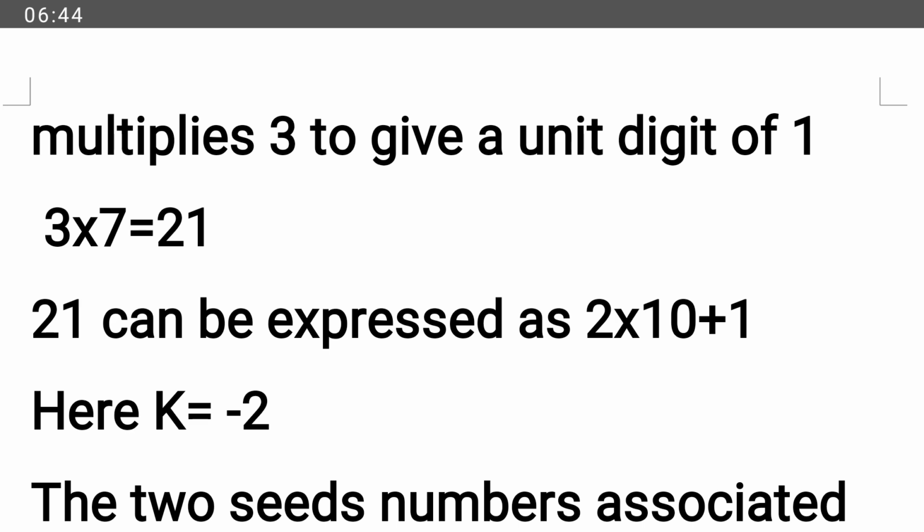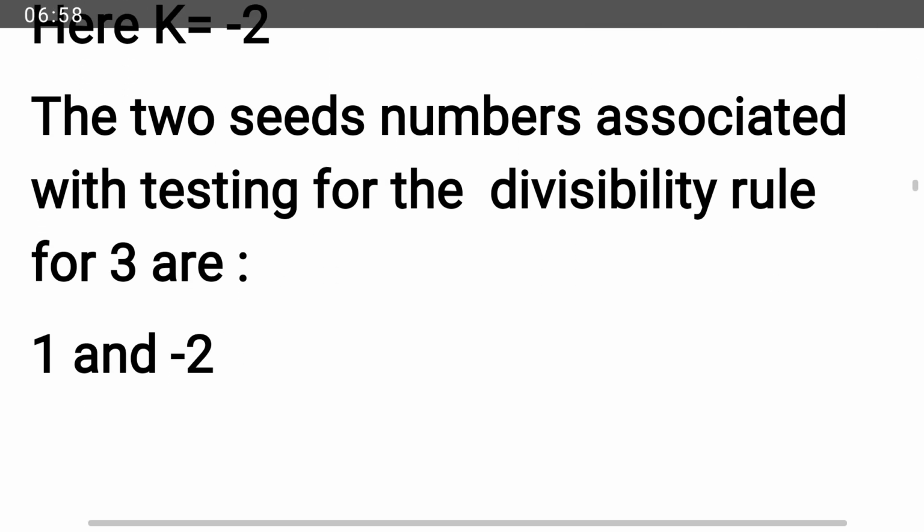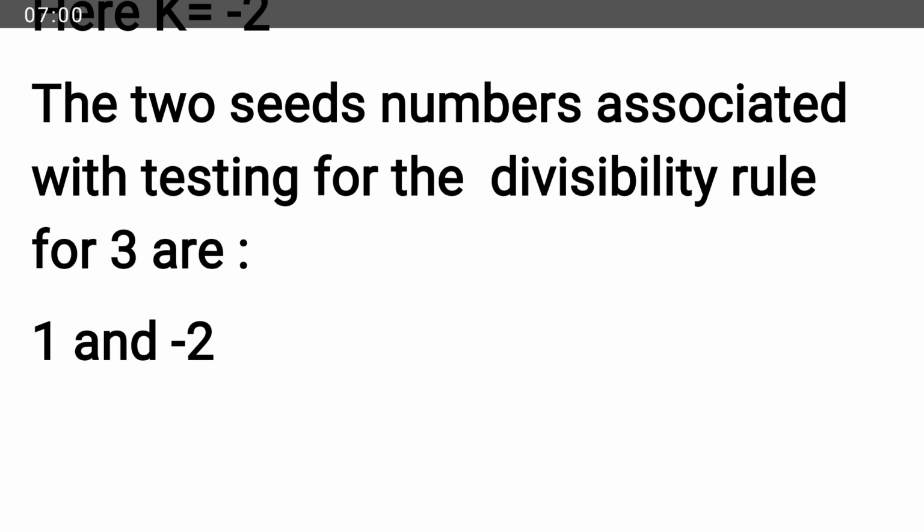Please take note of this. You see, 3 times 7 is 21, so in case we want to handle 7 too, minus 2 is also a seed number for 7. So these two numbers, 1 and minus 2, are the two seed numbers for 3.